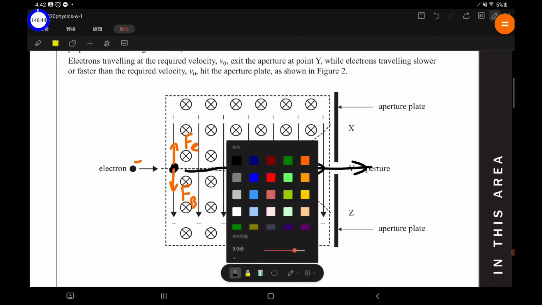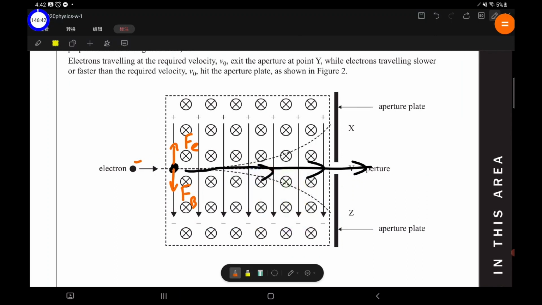When in doubt, write out as many equations as you can think of. So let's just write out all the equations that are related to this scenario. This is the equation for the electric field, and we have the equation for the magnetic field. Now, which one of these two equations would change depending on the speed? We know the forces influence which way our electron is deflected.